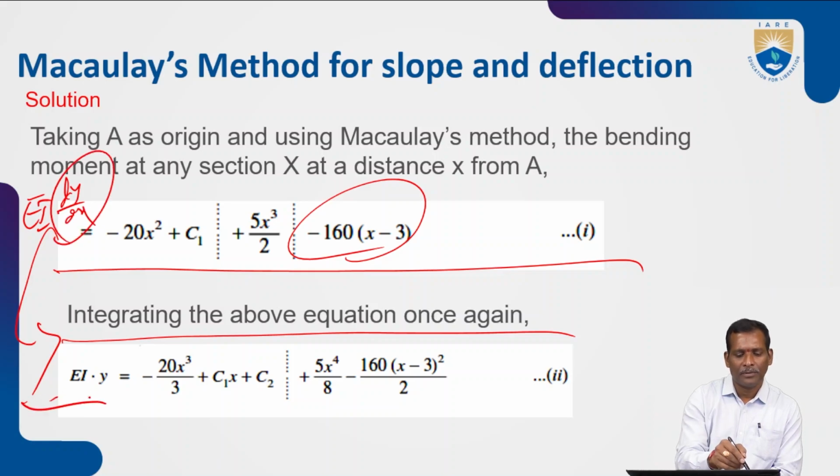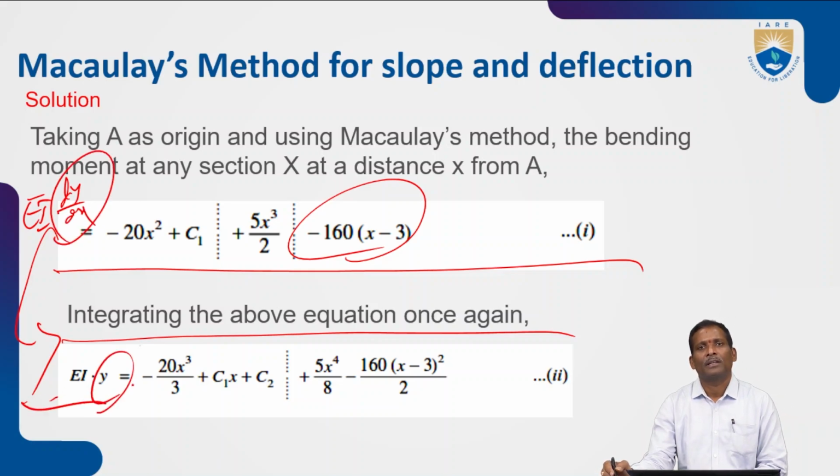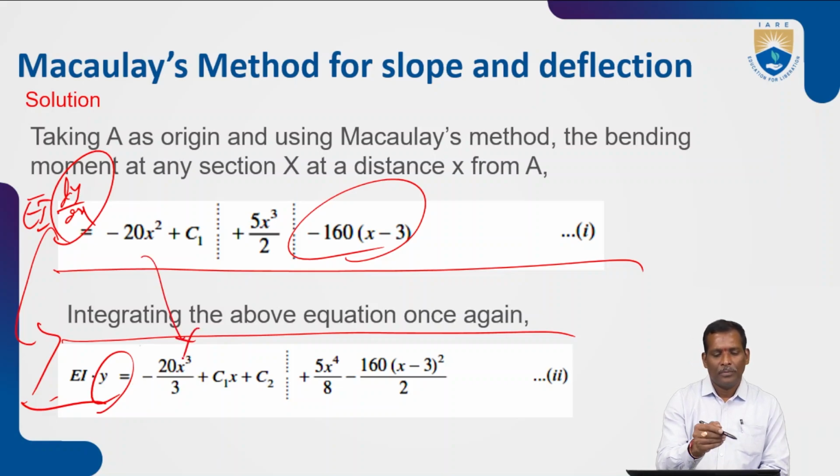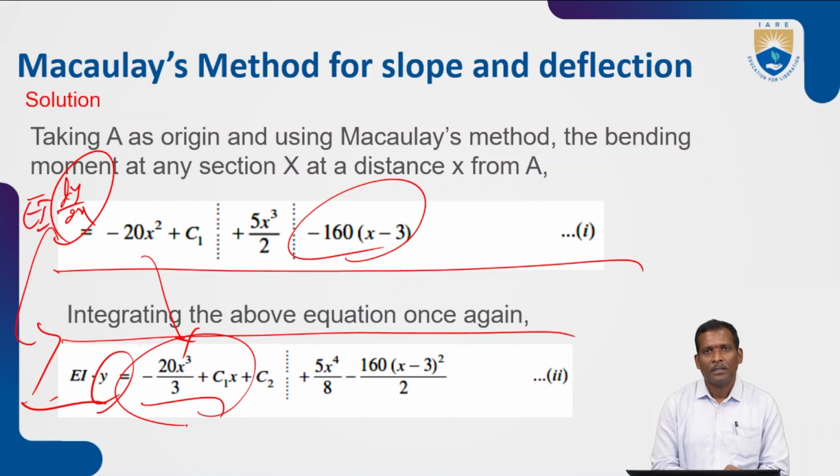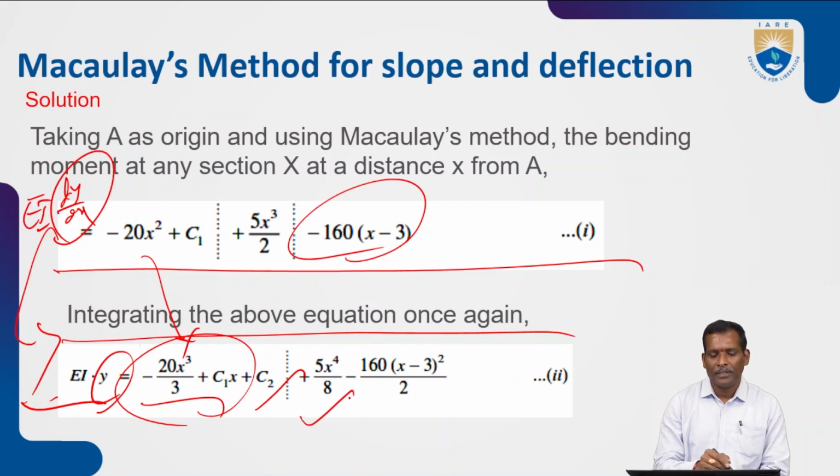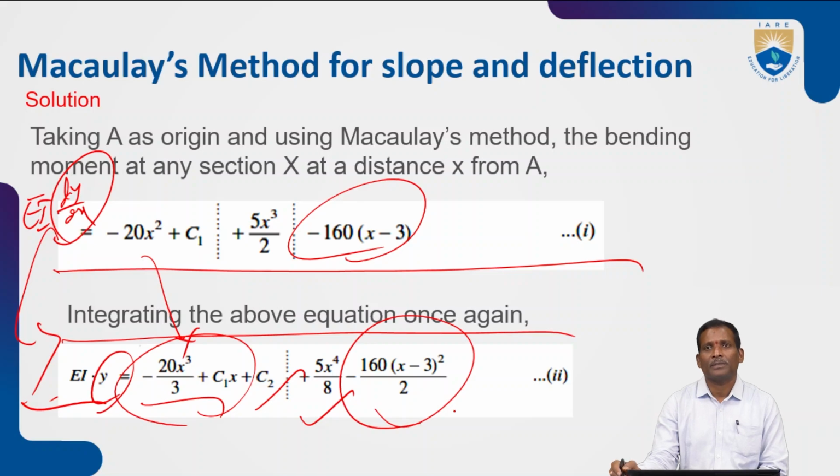Now dy by dx converted into y: EI into y is equal to minus 20 x cube by 3 plus C1x plus C2. So again a constant will come, that is C2, because we are doing double integration, plus 5x to the power of 4 by 8 minus 160 into x minus 3 whole square by 2.